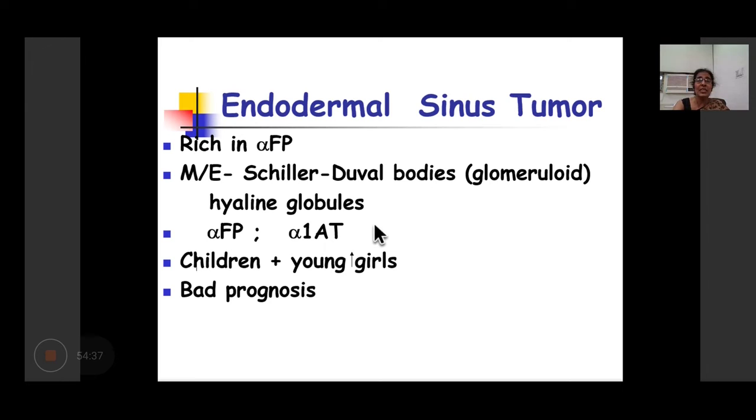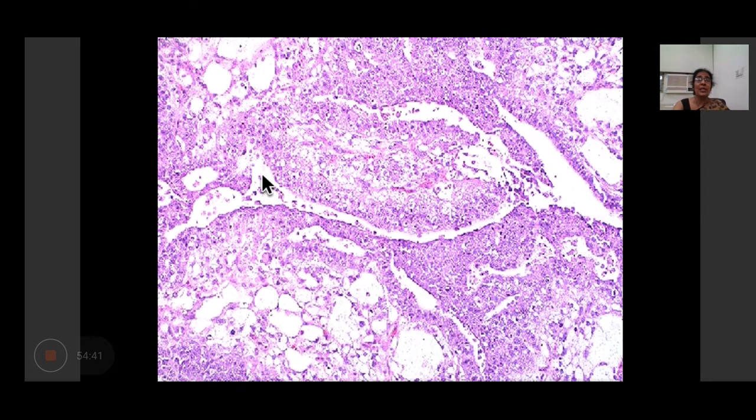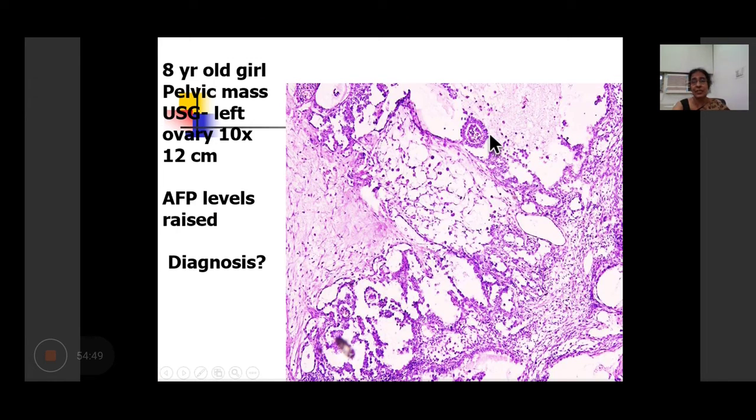And these are the tumor cells which show a high nucleocytoplasmic ratio, pale cytoplasm, and are present in a loose myxoid background. A very characteristic feature occurs because it shows a yolk sac-like or endodermal sinus-like differentiation. So there is a central capillary around which there is a row of cuboidal tumor cells.